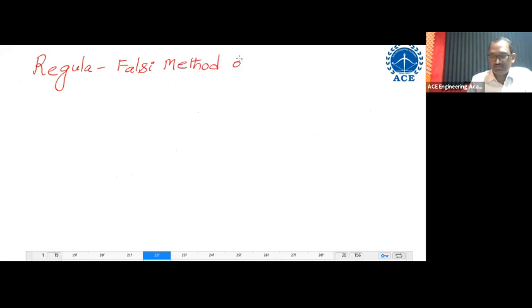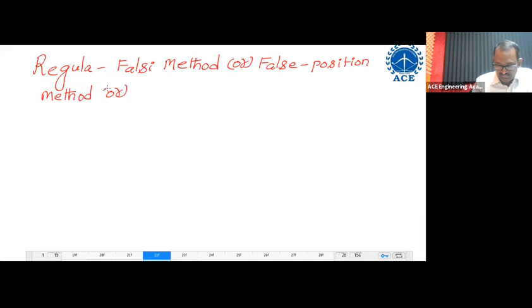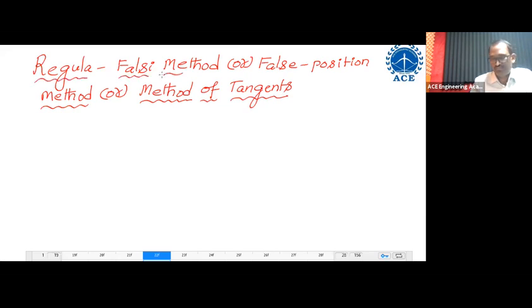Regula falsi method, or false position method, or method of tangents.